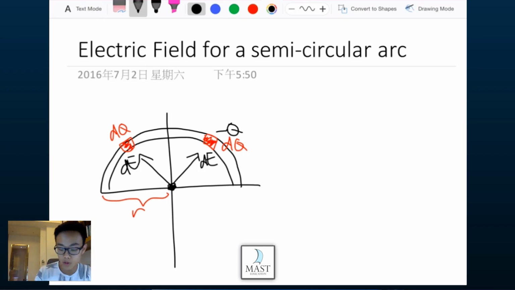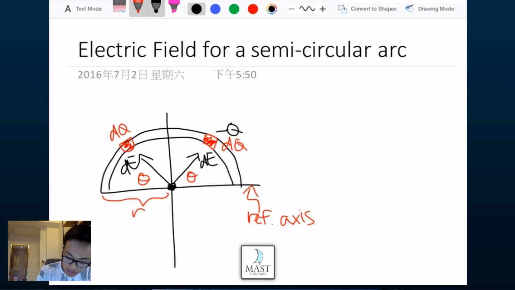And for our example, we'll be using the x-axis as our reference axis. So let's just label that. Label this our reference axis. And we will say that the angle between our dE and our reference axis is angle theta. Okay, so we'll notice that in our diagram, the two dEs, their x components will cancel, as we see here.